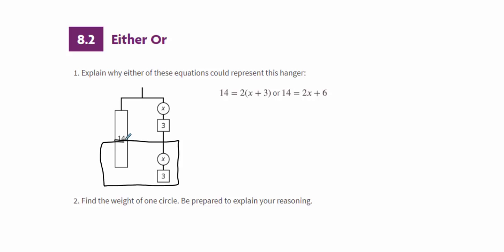This x plus 3 is half of the 14, which is 7. So let's figure out what one of these x's is. If I take away the 3 from that 7, that leaves me with 1x is equal to 4. And I could do the same thing here, minus 3. So 1x would be equal to 4.